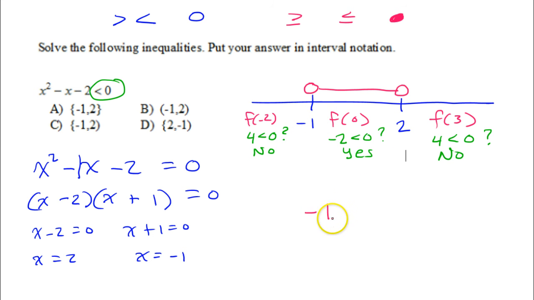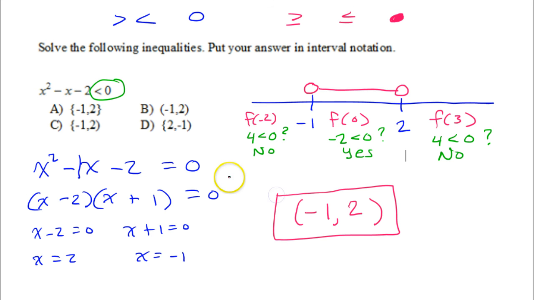I would say -1 to 2. And because they are open circles, I will use round parentheses. So that is going to be my answer. And that is going to be B.